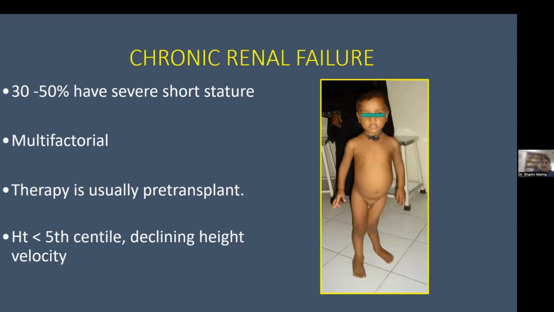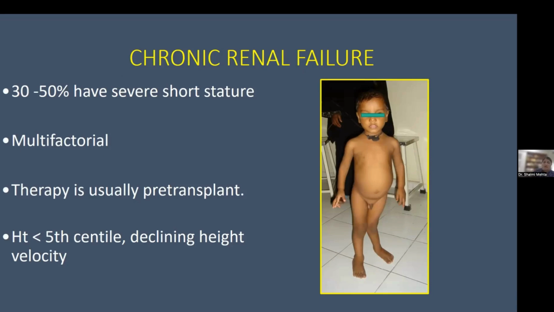Chronic renal failure is another approved indication for growth hormone therapy, because we know that CKD per se can have short stature. About 30 to 50% of them have severe short stature. The reasons can be multifactorial. If you talk about the growth hormone aspect, usually there is some resistance to growth hormone action.